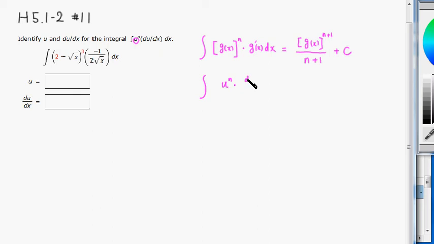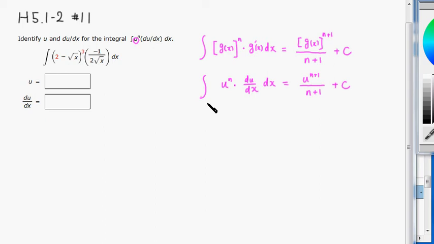They use different notation, but this is du over dx, which corresponds to g prime of x dx. And this can be written as u to the n plus 1 over n plus 1 plus c, right?